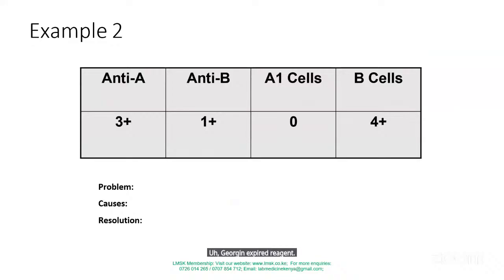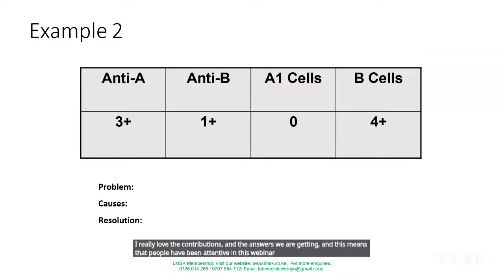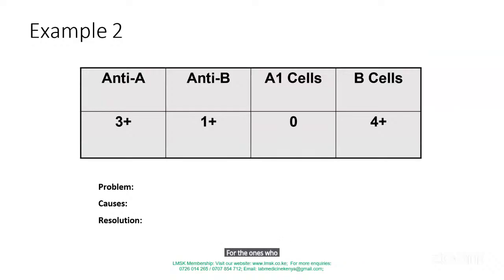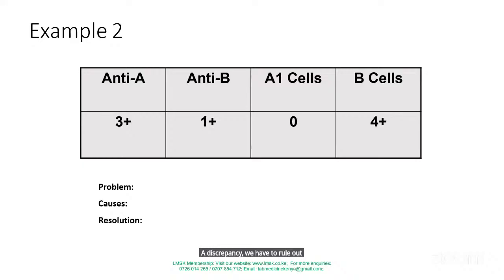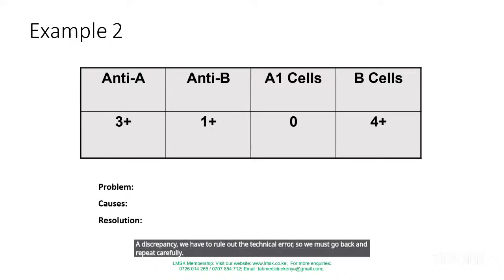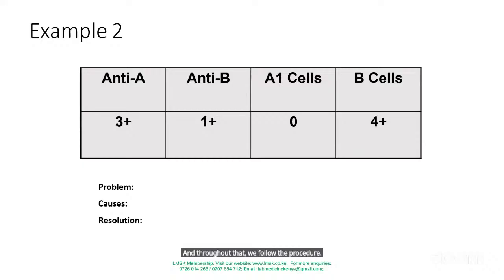Okay. I really love the contributions and the answers we are getting. And this means that people have been attentive in this webinar. For the ones who are saying insufficient samples, the expired reagent, now you can see. As we said before, if it is a discrepancy, we have to rule out the technical error. So we must go back and repeat carefully, ensure that we follow the procedure, we've used the right volume and all that.